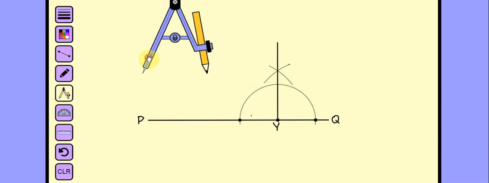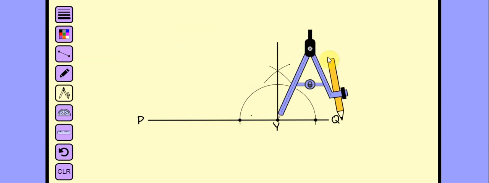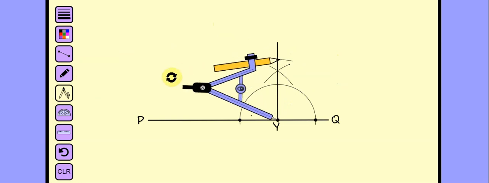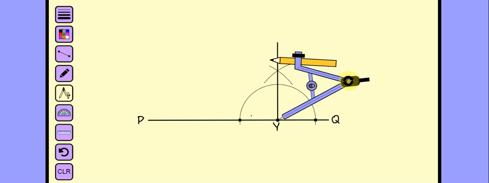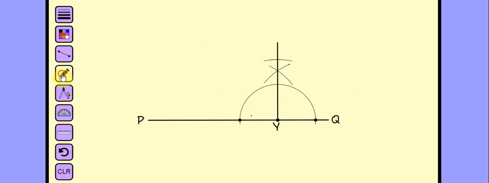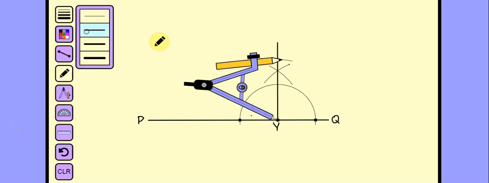So let's now mark off point Z. And there is point Z. So let us label it.